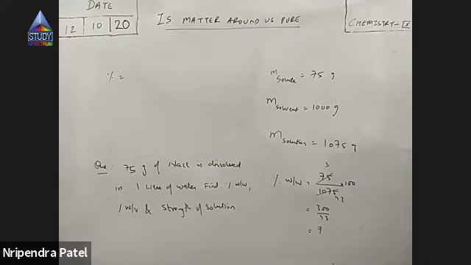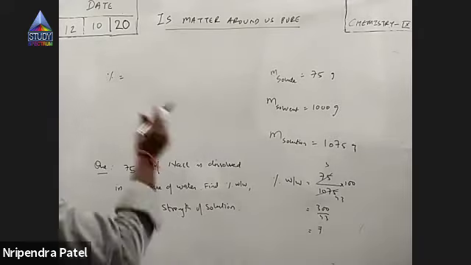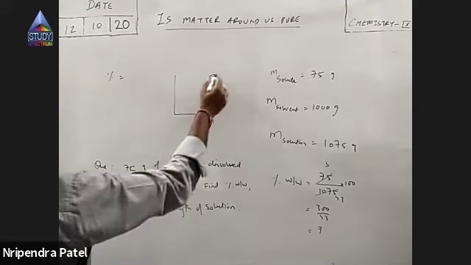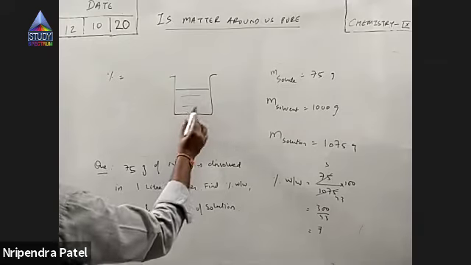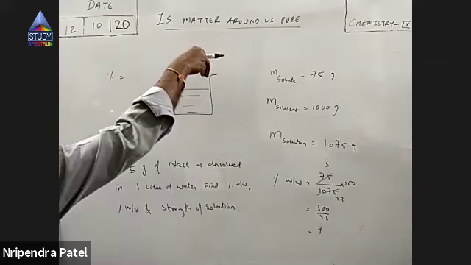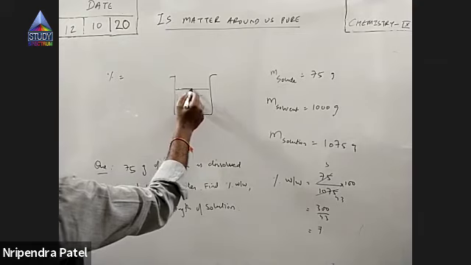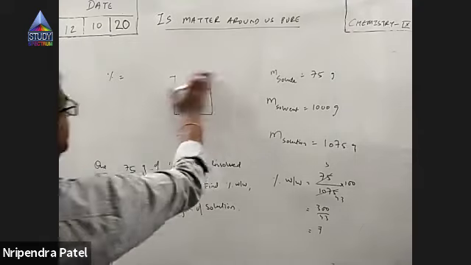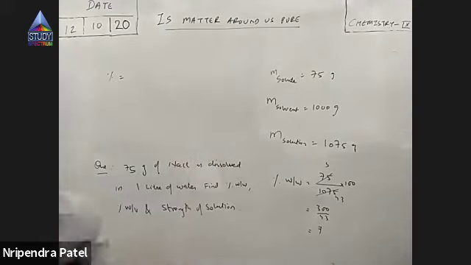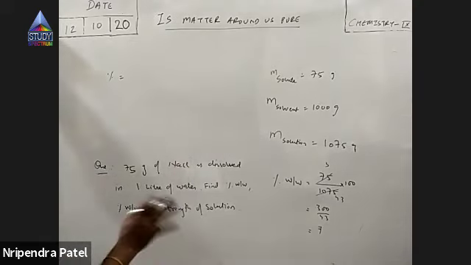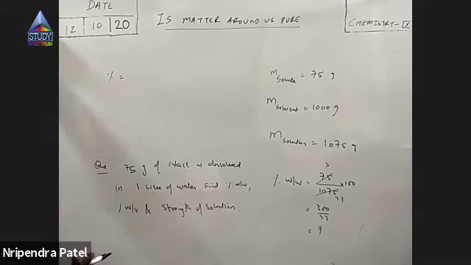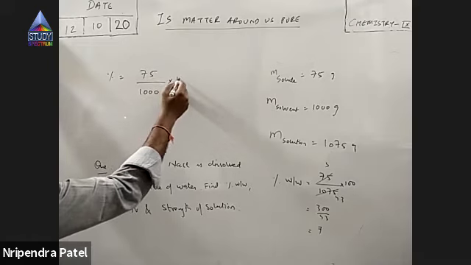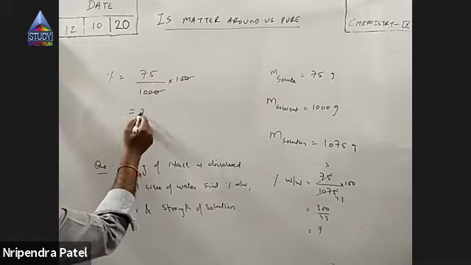No, it's not given. But actually, if you add 75 gram of salt to 1 liter of water in a container, there will be hardly any change in the volume of the solution. So we can treat the volume of solution as nearly the same as the volume of solvent. So the answer would be 75 by 1000 into 100, which is 7.5.